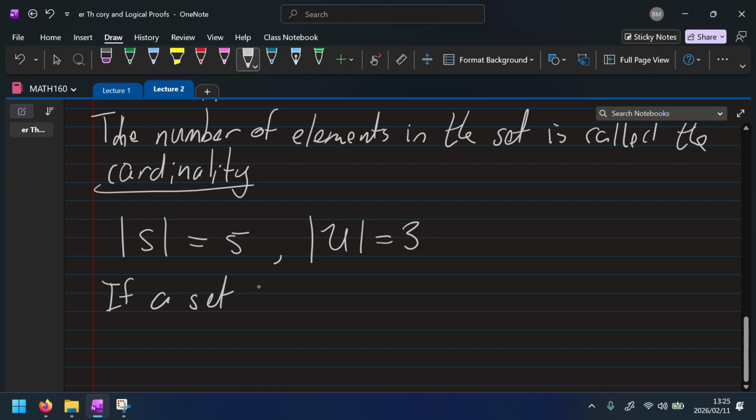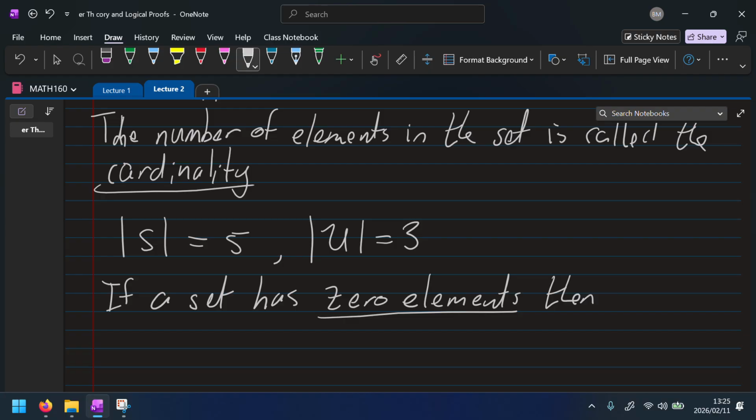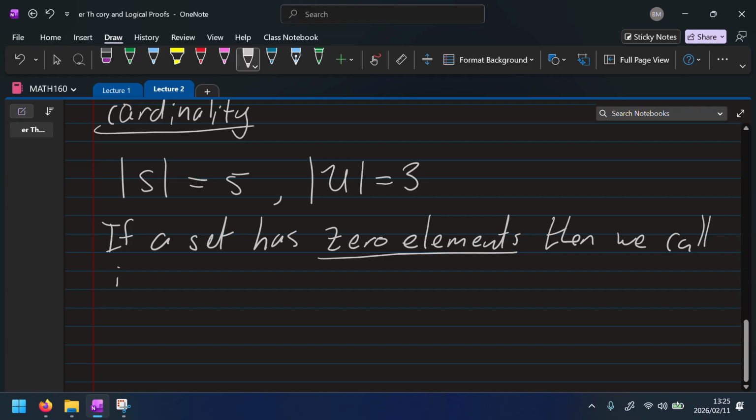If a set has no elements, so it has cardinality 0, then we call it the empty set. Right, quite an obvious name, set with nothing in it, empty set.